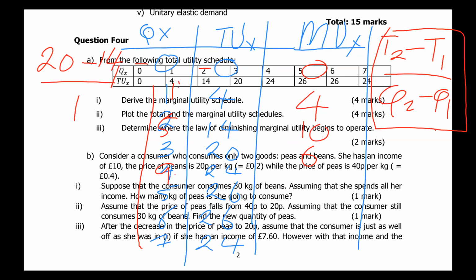So continuing from where we ended, we are on unit number 4. For unit number 4, we have 24 minus 20 divided by 4 minus 3, right?